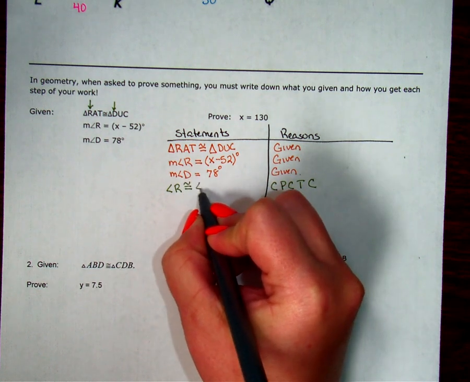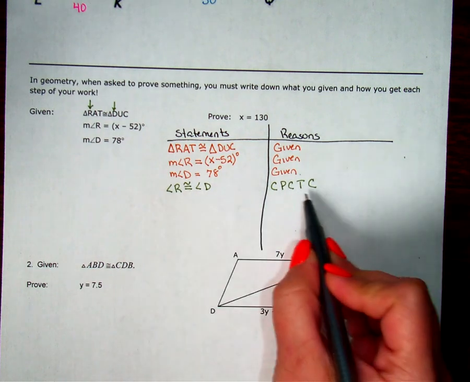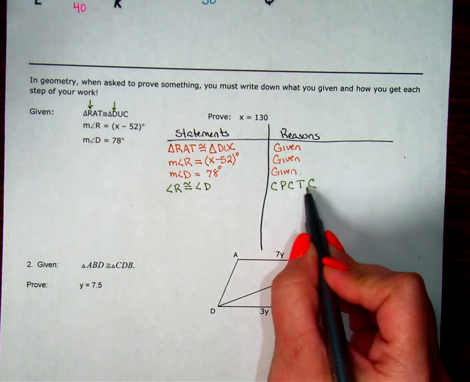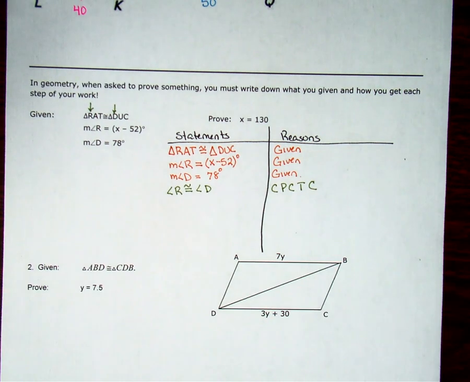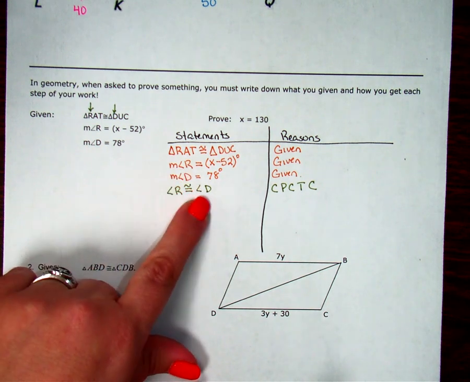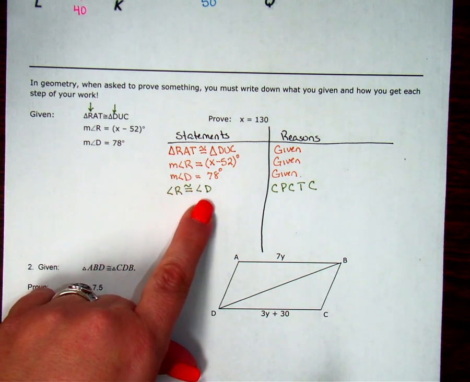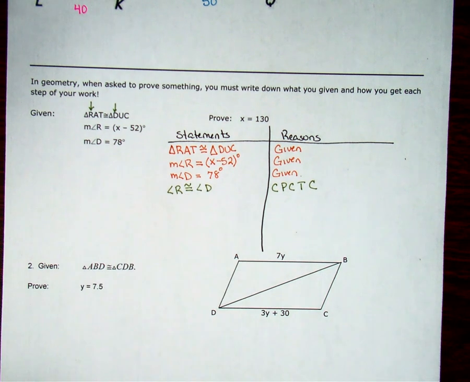And the reason we can't go straight to the measures being equal is because this theorem involves congruence and not equals. Okay, so before I can substitute in the value for R and the value for D, I have to talk about these being congruent and how I get to them being equal. So here's how we do that. We just go now to them being equal.